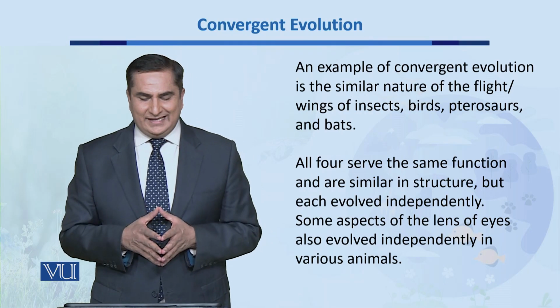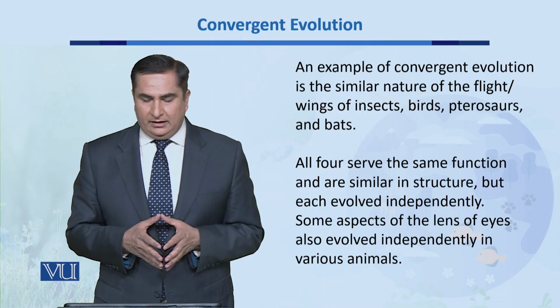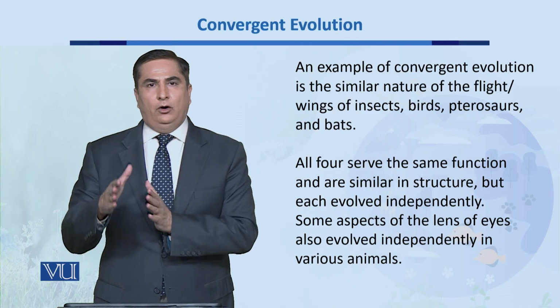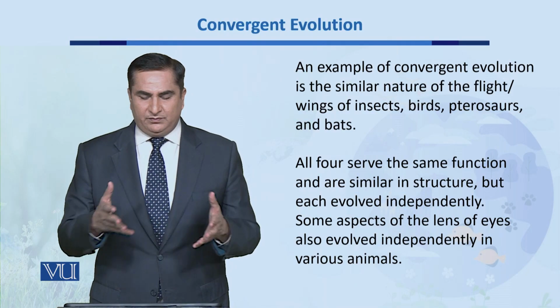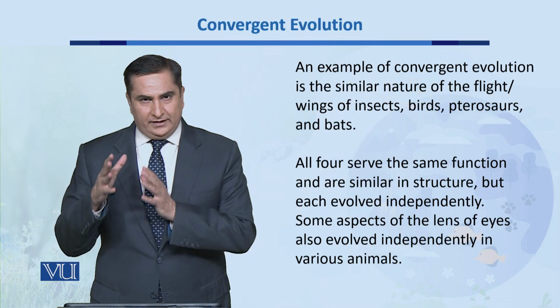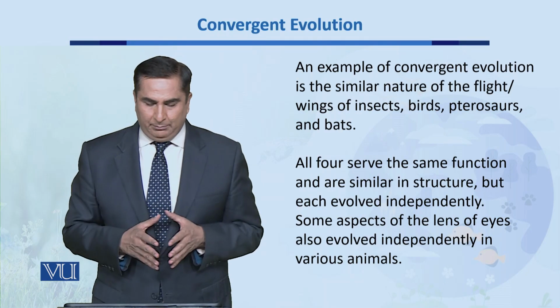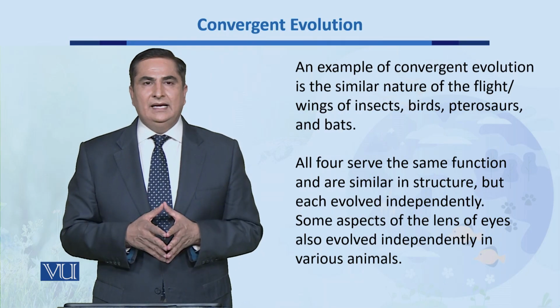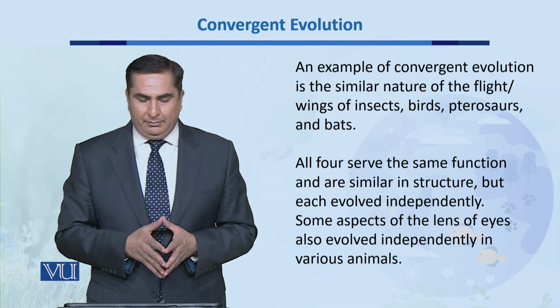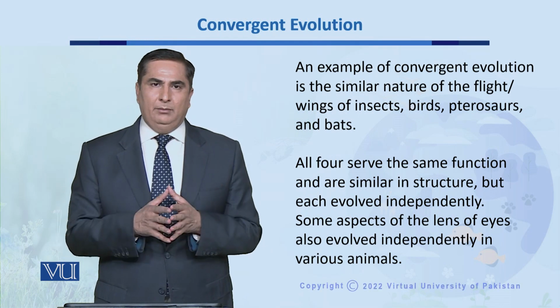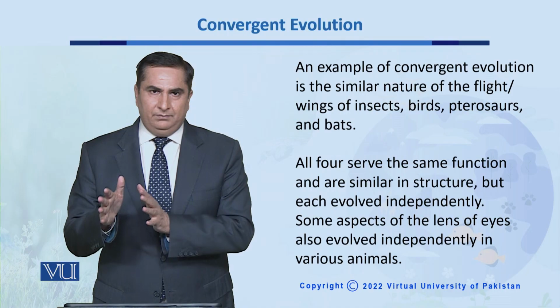All four serve the same function and are similar in structure, but each evolved independently. The lens of the eyes is another example. It has also evolved independently in various animals, but the purpose is the same: vision.